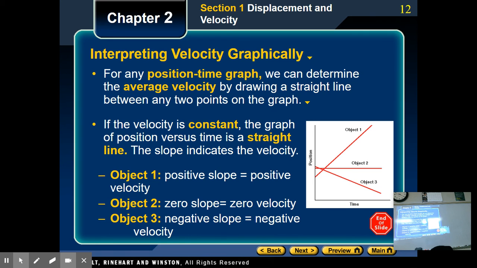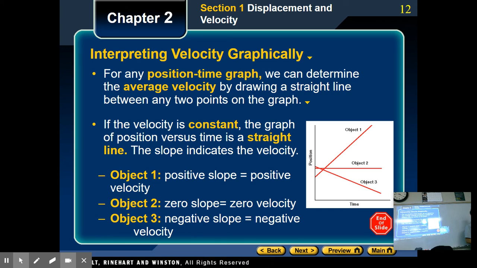Just real quick, when we start talking about velocity and speed, and start looking at position versus time graphs, we can look at the slopes of the lines of an object's motion to make predictions about the velocity itself. If we look at object 1, it's the one that is going at an angle here.